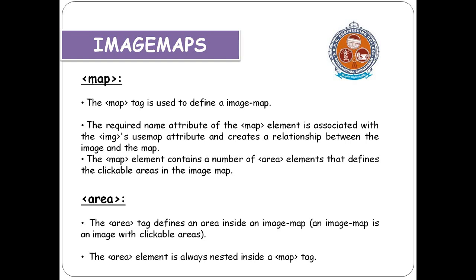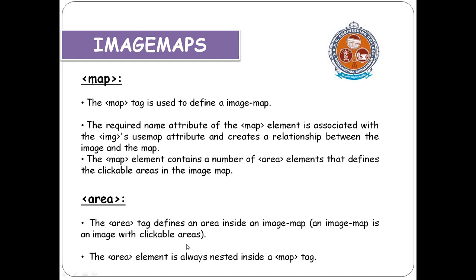And then area. The area defines an area inside the image, that means an image with clickable areas. Whenever you click on that area of the image, automatically it will be redirected. The area element is always nested inside a map.